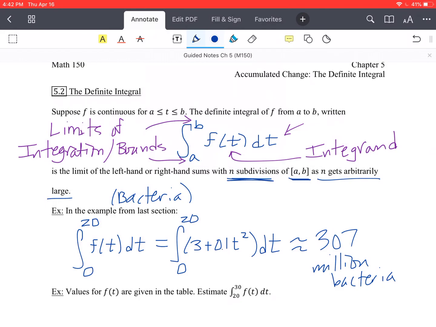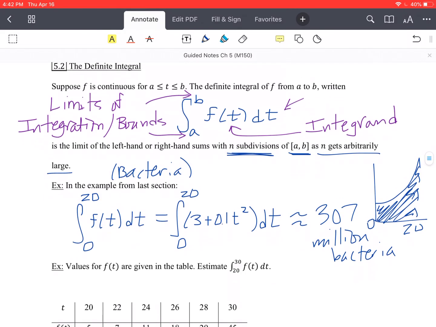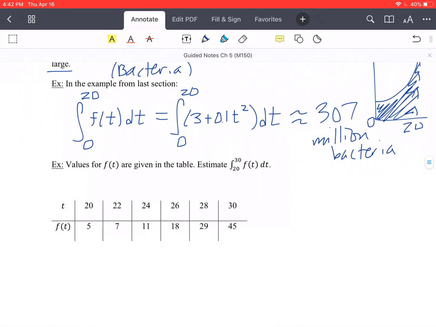And what we are doing now, with this curve from 0 to 20, is taking so many rectangles that we're basically filling in the entire area here. Our best approximation at this point was 307 million, just because that's the rectangles that we used. So let's look at this next example down here.